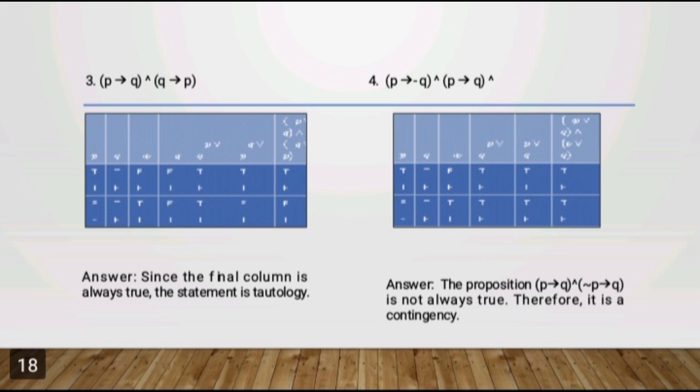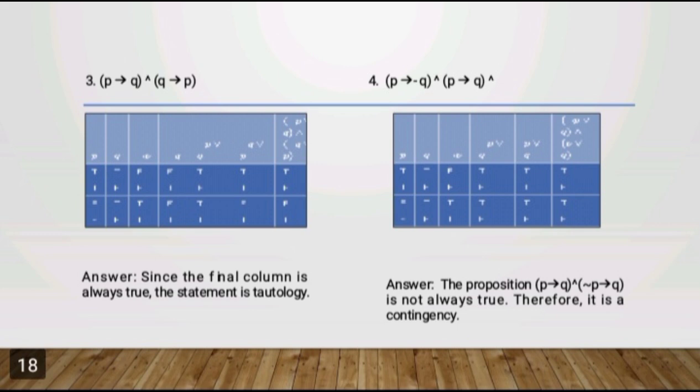Number 4. Open parenthesis P implies Q close parenthesis conjunction open parenthesis P implies Q close parenthesis. P: true, true, false, false. Q: true, false, true, false. Implies P: false, false, true, true. P implies Q: true, false, true, false. P conjunction Q: true, true, true, false.